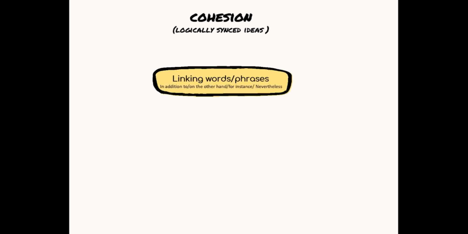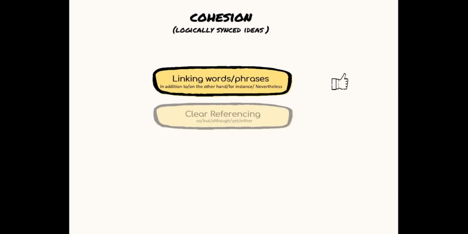Cohesion means you need to use an ample amount of linking words or linking phrases in between your sentences or inside your sentences. For example, in addition to, on the other hand, for instance, nevertheless, etc. Then, clear referencing.